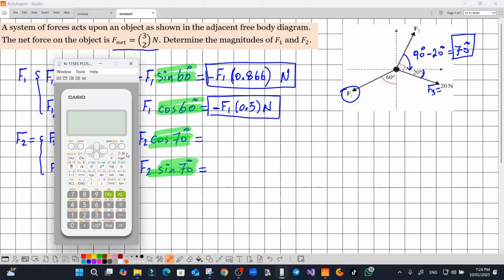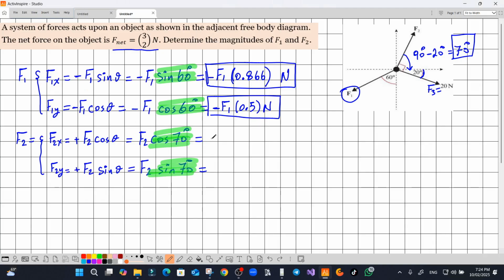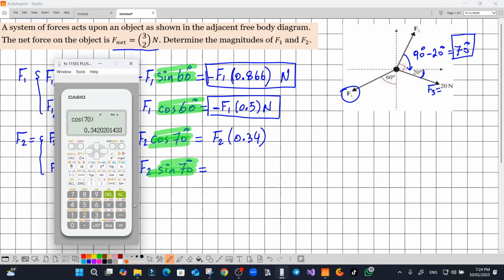The cosine of 70 is 0.34, so F2 multiplied by 0.34, and for the sine of 70, it will be 0.939. I will write it only as 0.93, it's fine.